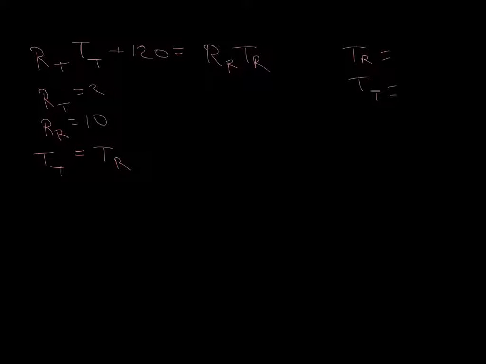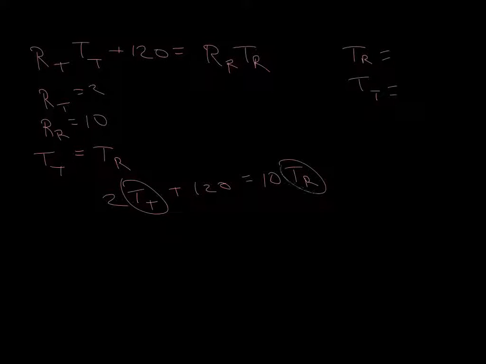But let's go ahead and put information in here. RT is 2 times TT, plus 120. RR is 10, and TR we don't know. Alright, since we know that they're both equal to each other, I can write the TR as a TT, and then I've just got the same variable, right?